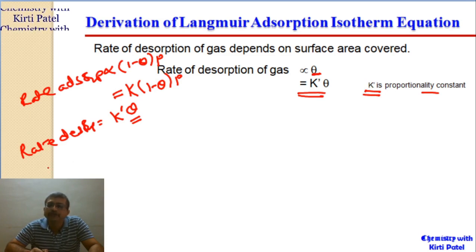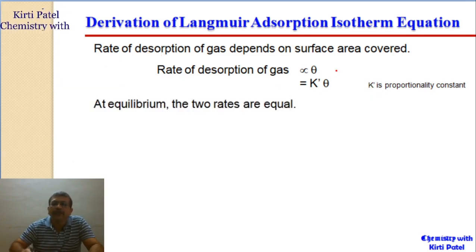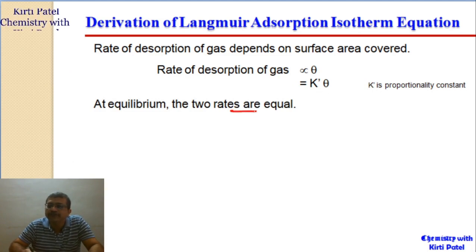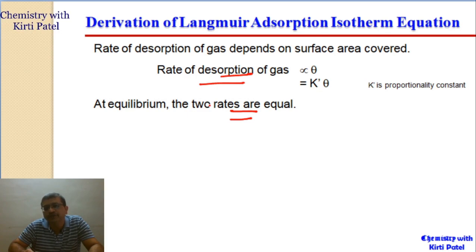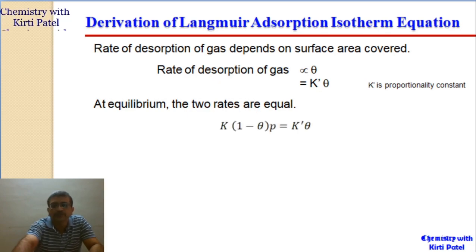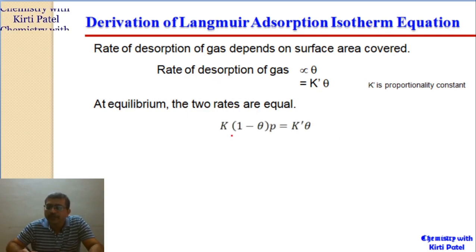So at equilibrium, both rates will be equal, that is the rate of adsorption as well as the rate of desorption. So we can say that here the rate of adsorption K into 1 minus theta into P is equal to K dash into theta, that is the rate of desorption. So these two will be equal.